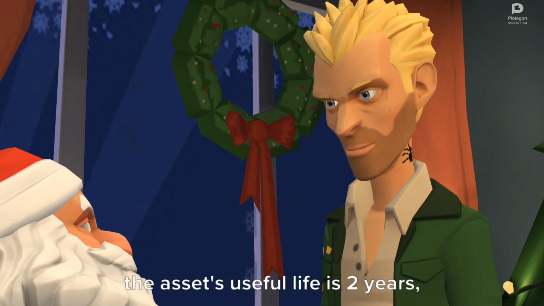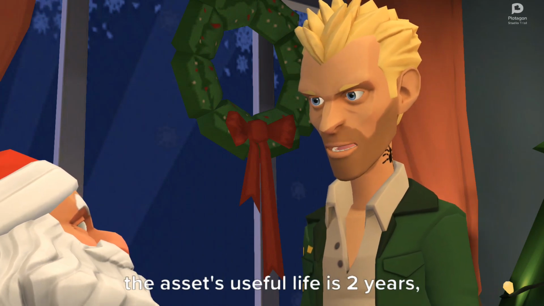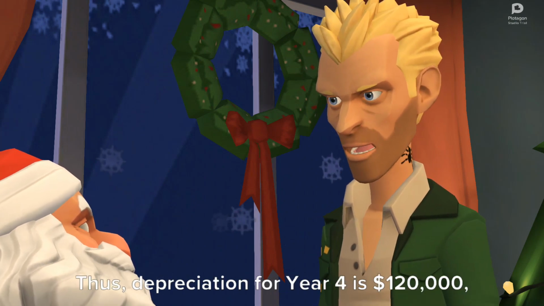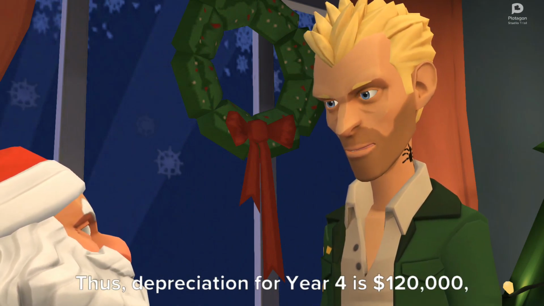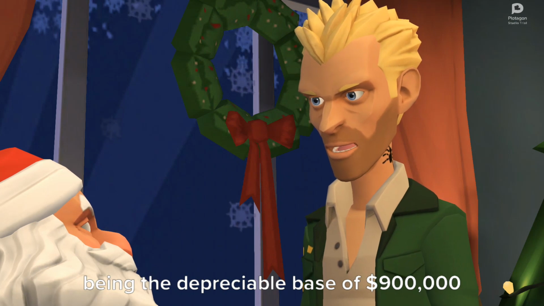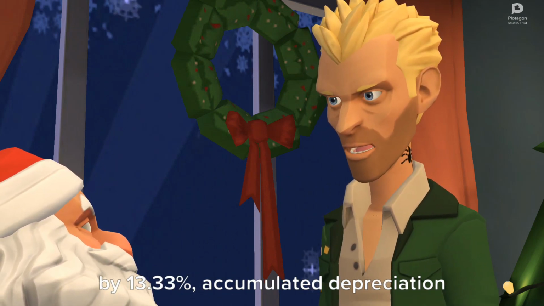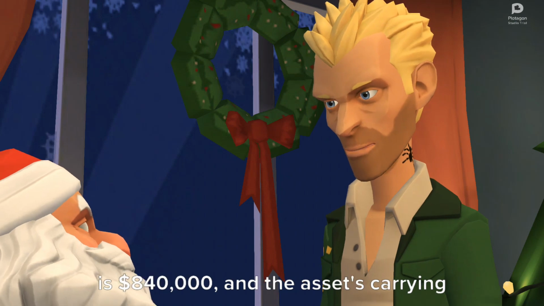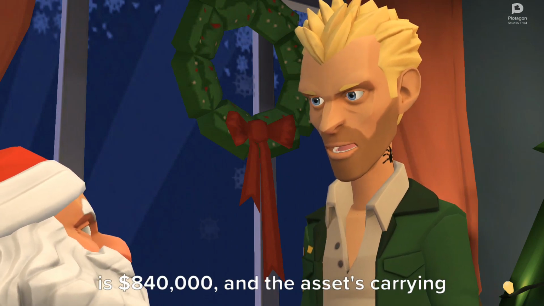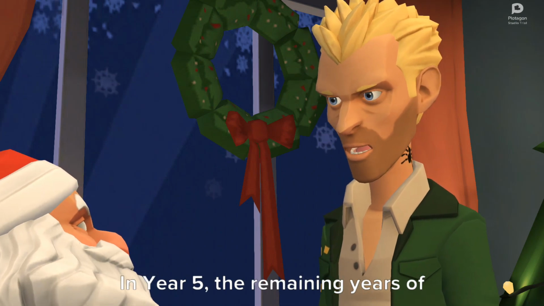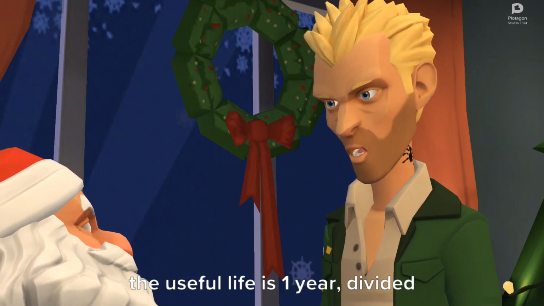In year 4, the remaining years of the asset's useful life is 2 years, divided by 15 equals 13.33%. Thus, depreciation for year 4 is $120,000, being the depreciable base of $900,000 by 13.33%, accumulated depreciation is $840,000, and the asset's carrying amount is $160,000.